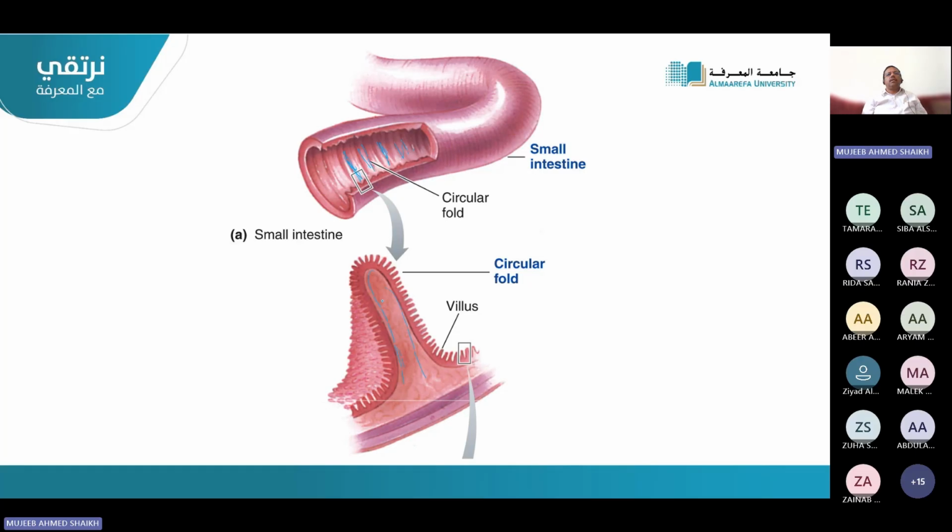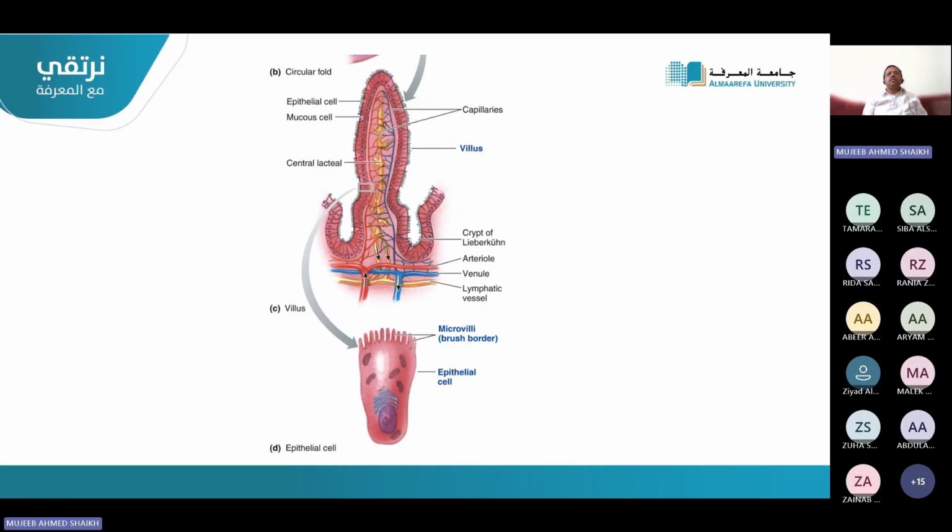This is the finger-like projection. On the villus, you will see epithelial cells, and this is one villus. Each villus has a capillary network, and in the center, you will find the lacteal. We call it the lacteal or lymphatic vessel.